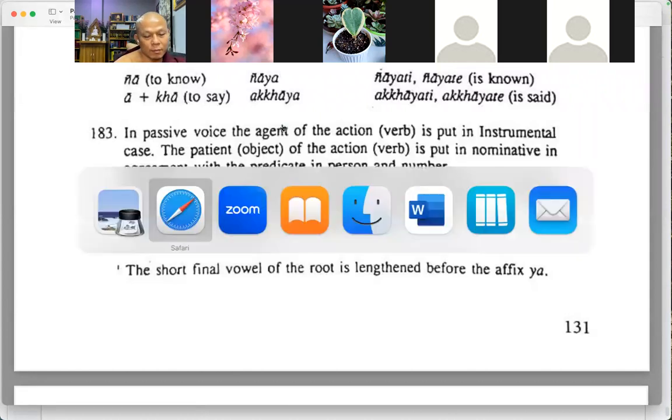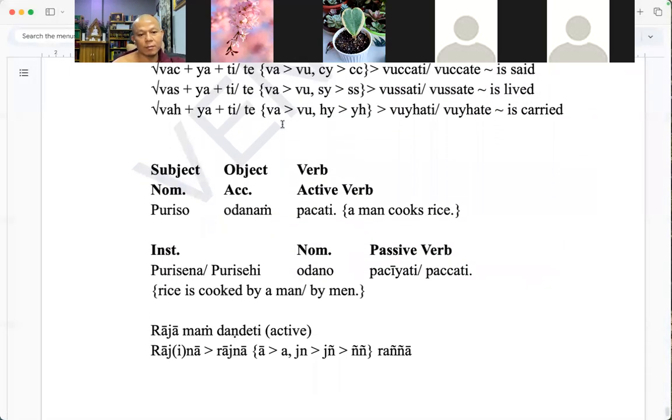So if the verb is passive, we have the instrumental, and the nominative as the object, and then the passive verb. So the nominative and the passive verb will be alike in terms of case, plural or singular. Right. But the instrumental can be in singular or plural. Any person. Yes, any person.